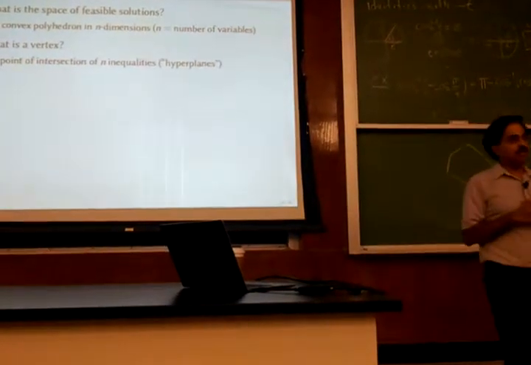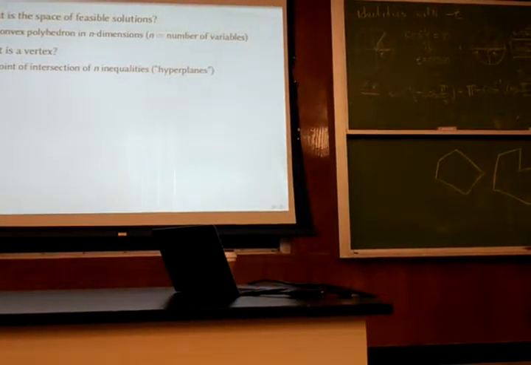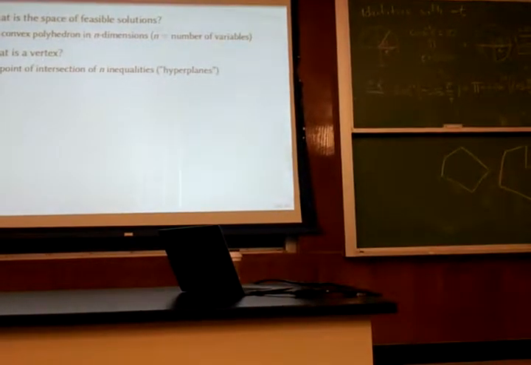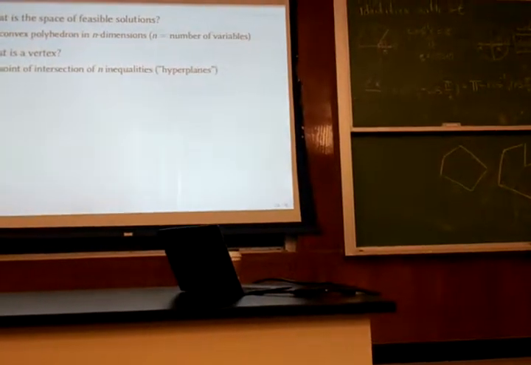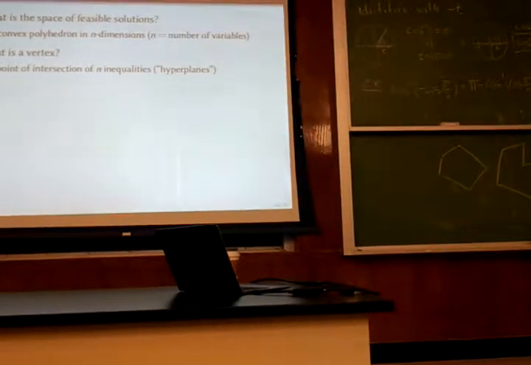Again, you have to have n of them intersect because a vertex is a single point, which means that you have to have n of those equations intersecting, and that's when you get a single point, right?